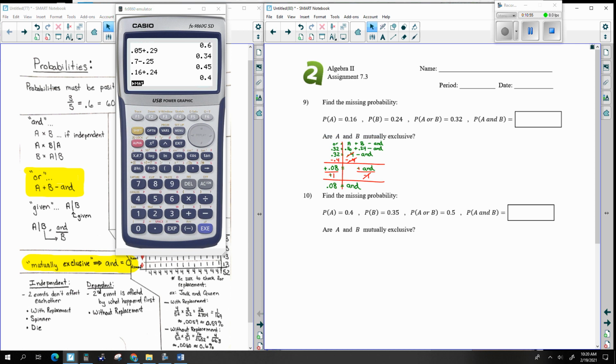Ultimately, what did I get from here? I got that the and is equal to 0.08. Secondary question, are these things mutually exclusive? I notice that in this one, and is not equal to 0, so no, this is not mutually exclusive.